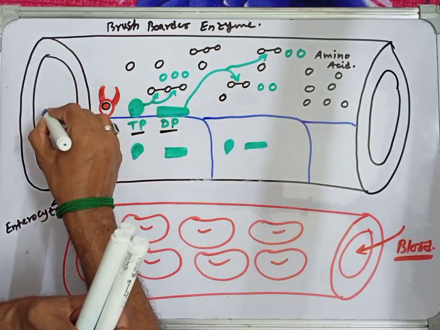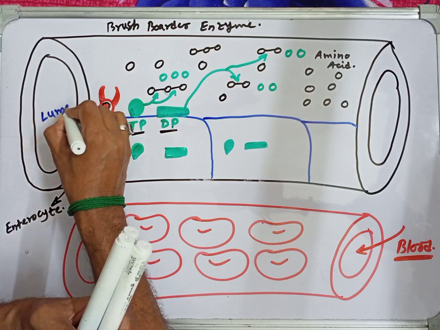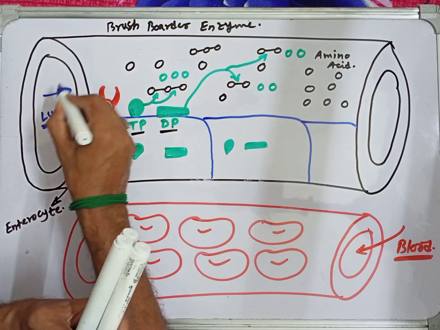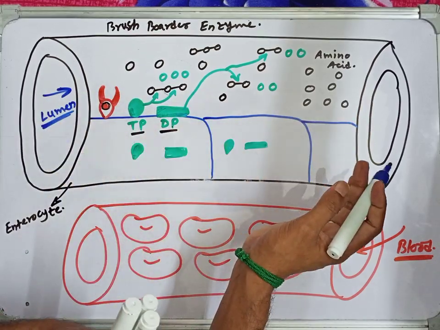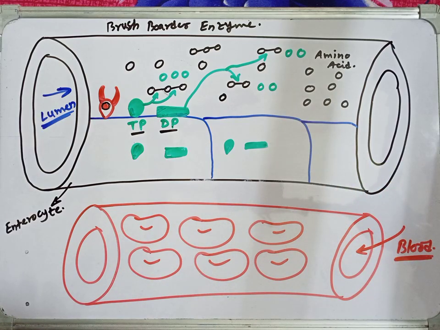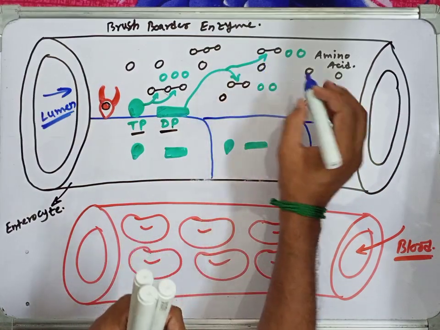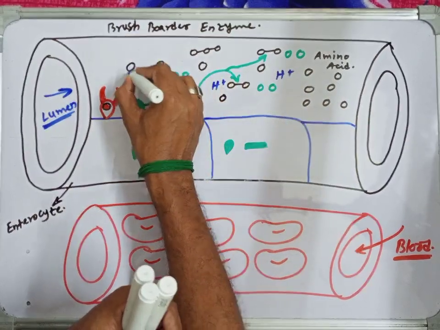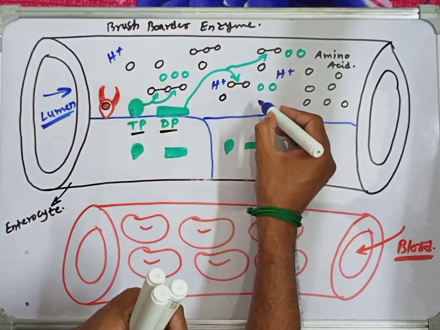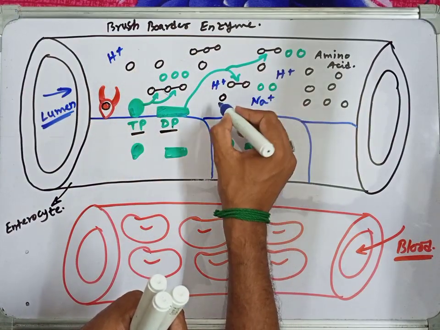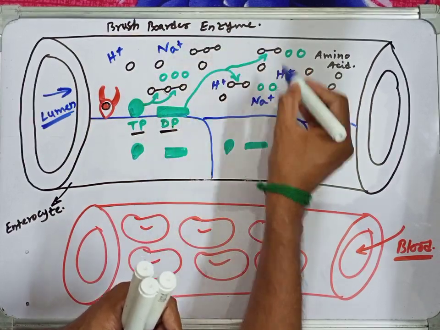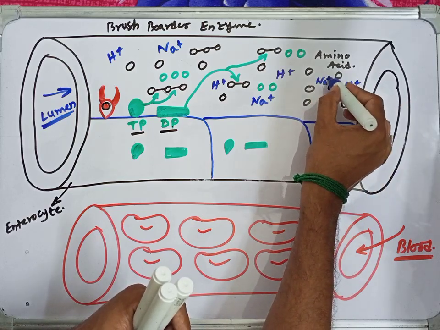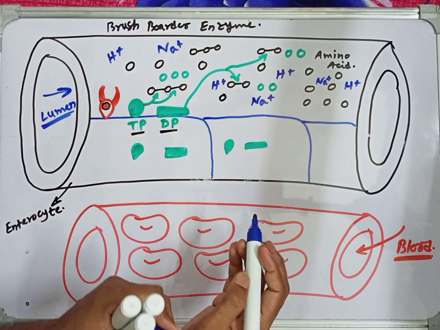That is the lumen, from where the food is moved towards our large intestine and eventually up to the colon and anus, right? And there are some hydrogen ions present, as well as sodium ions, H plus ion, Na plus ion, lots of these ions are present.